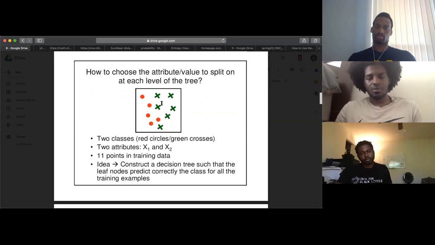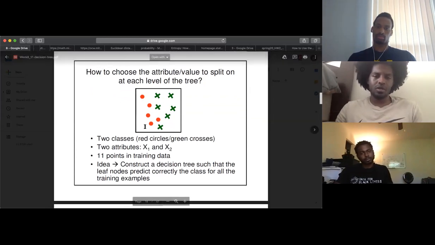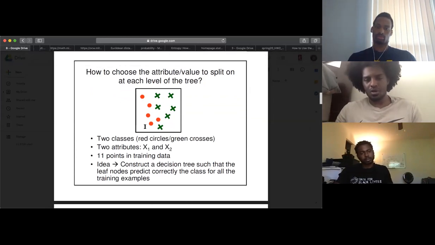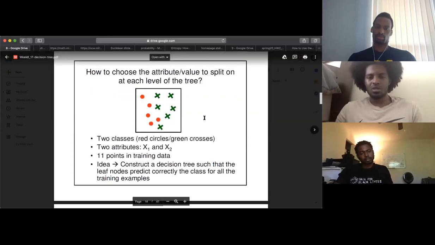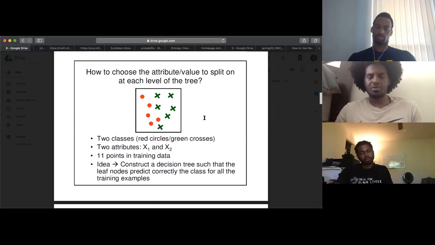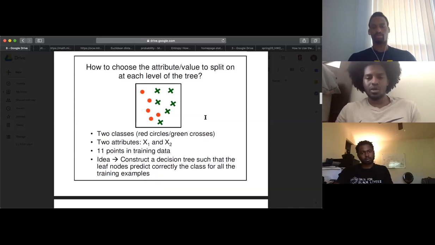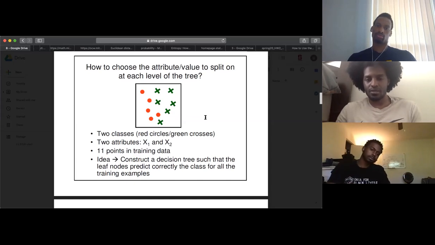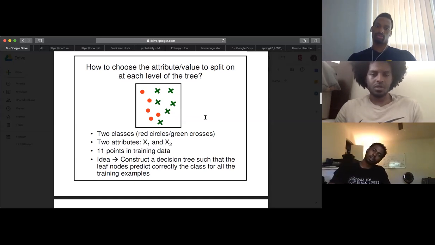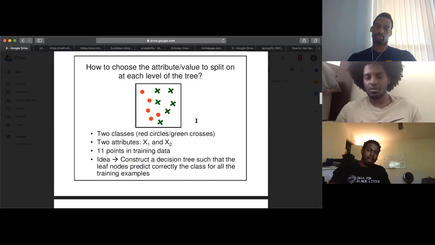In this example, you've got 5 red dots and 6 green crosses, and you could split along the x-axis or the y-axis, but you have to figure out which one numerically would provide you the most useful split. Just visually, you would rather have a vertical split, so you would probably want to split on the x-axis, as opposed to a horizontal line splitting your data, because it would be more mixed.